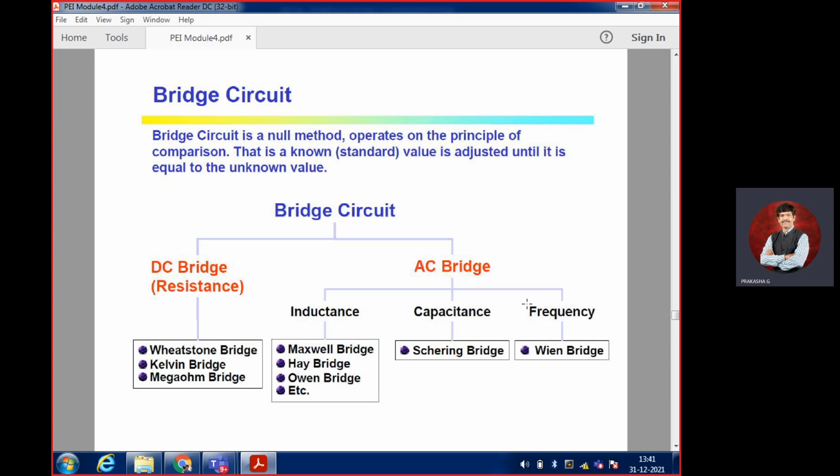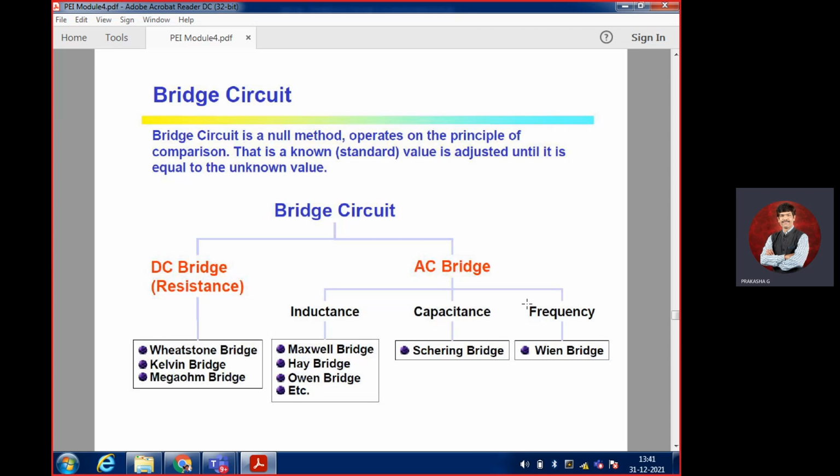As the frequency increases, the number of cycles increases, so it is an AC component only. So using AC bridges we can measure capacitor, inductor, and frequency, but using a DC bridge we can measure resistance.